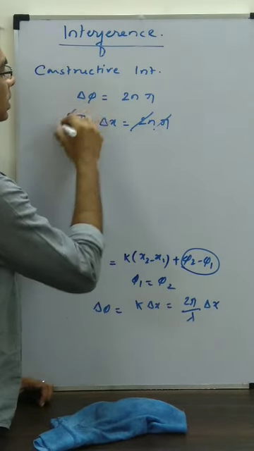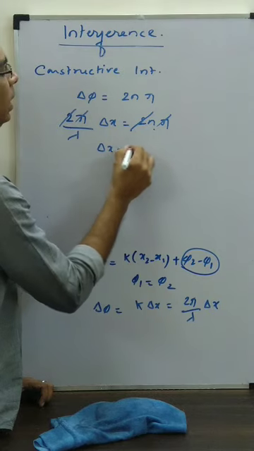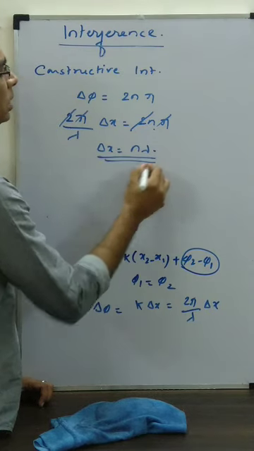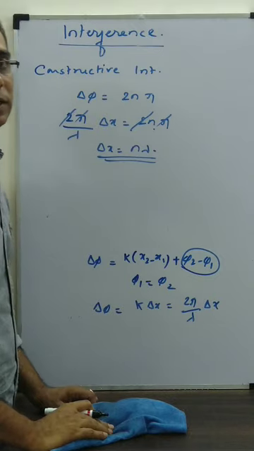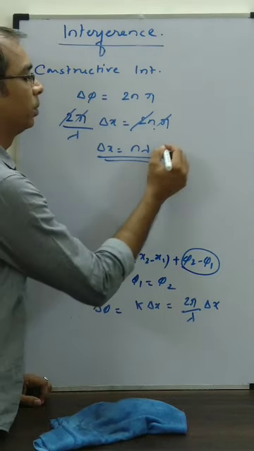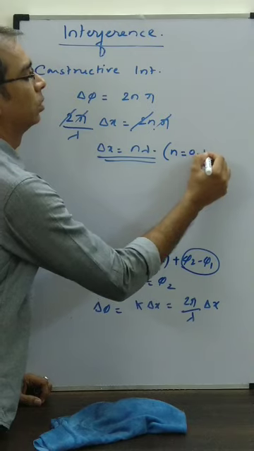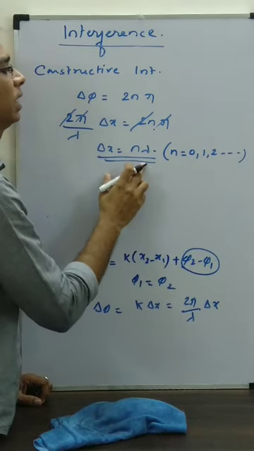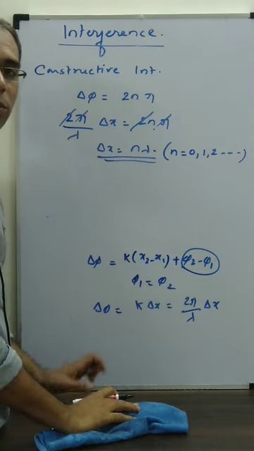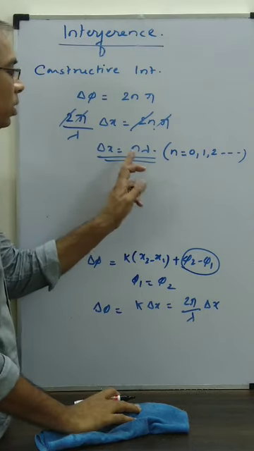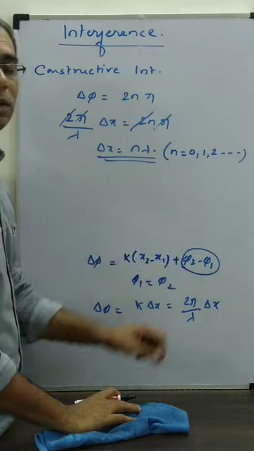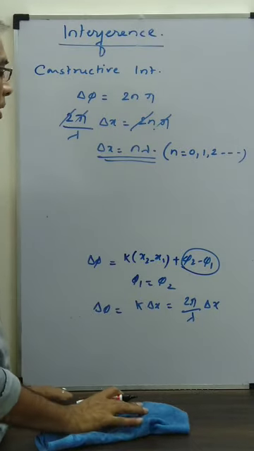This 2 pi gets cancelled, delta x is coming and lambda. So that means the path difference for getting the maximum intensity should be a whole number multiple of lambda. If delta x is 0, in that case also we are going to get maximum intensity. If delta x is equal to lambda, then also we are going to get maximum intensity. If it is 2 lambda also we are going to get maximum intensity.